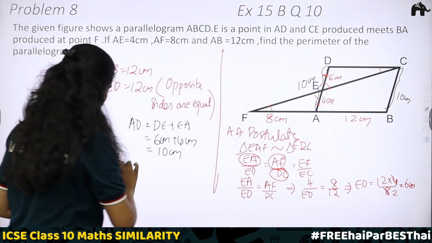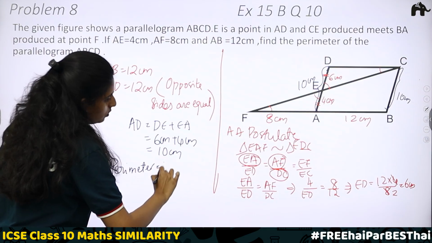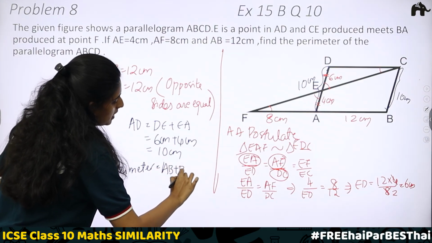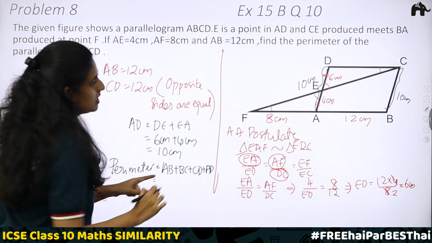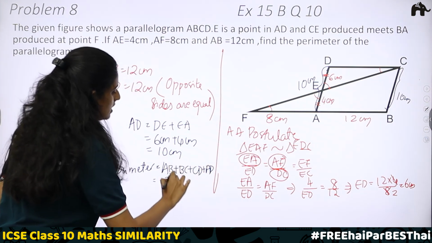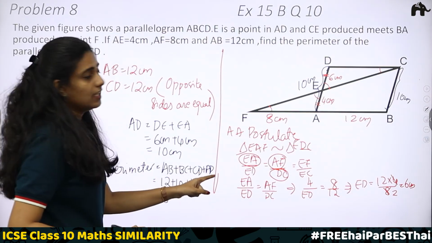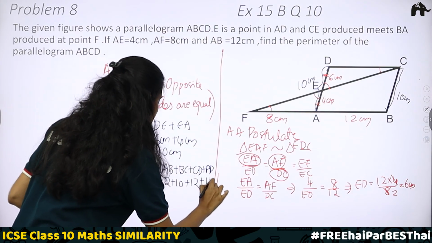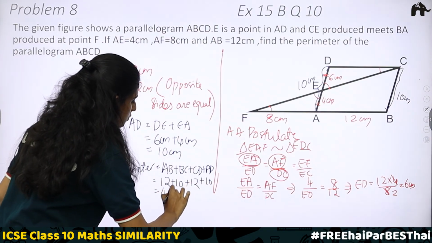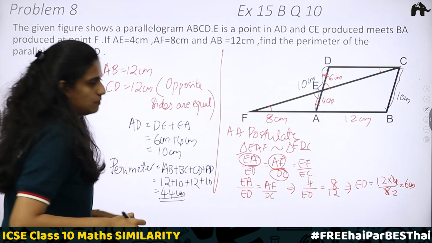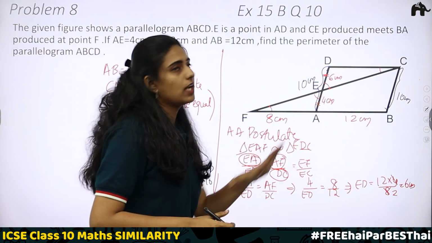Then perimeter equals AB plus BC plus CD plus AD. AB is 12, BC is 10, CD is again 12 and AD is again 10. 12 plus 10 plus 12 plus 10 is equal to 44 centimeter. Clear? So this is how you can find the perimeter of the given parallelogram.